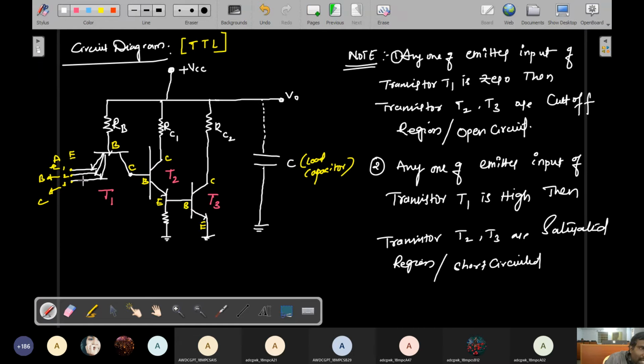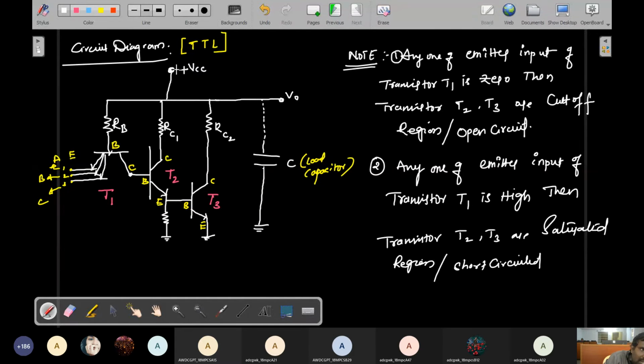So if any one input terminal of the first transistor's emitter is 0, then T2 and T3 are both open circuit. If both are open, they are not connected with the ground, and there is no supply path between the transistor and T2, T3.